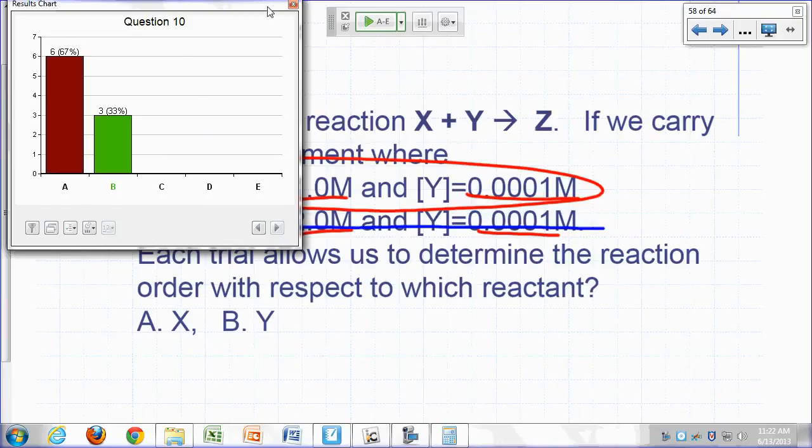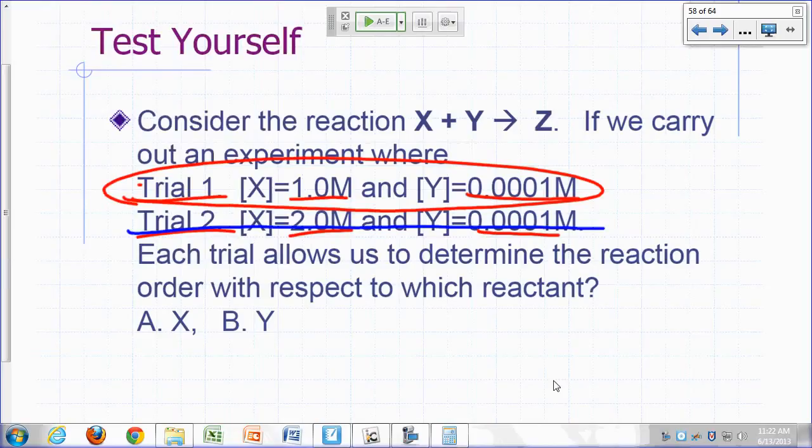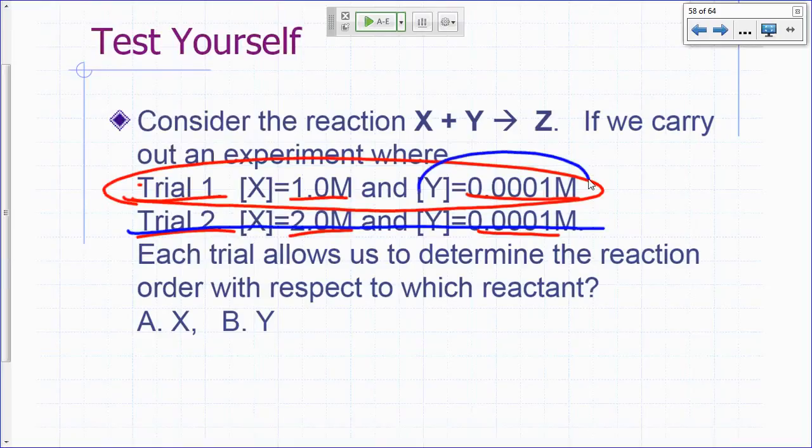In the method of isolation, any given trial will allow you to determine the order of the reaction with respect to one of the reactants by flooding it with all the other reactants. This is in excess. Throughout the reaction, your X is hardly going to change.